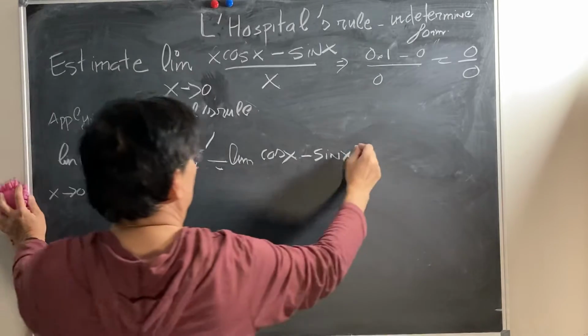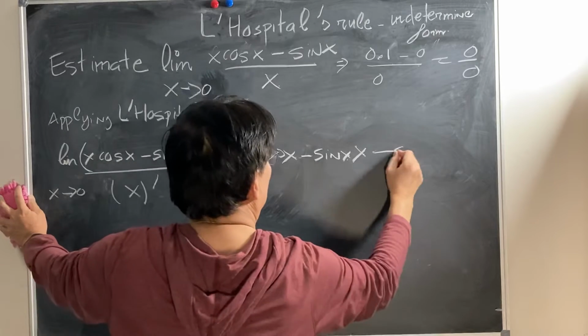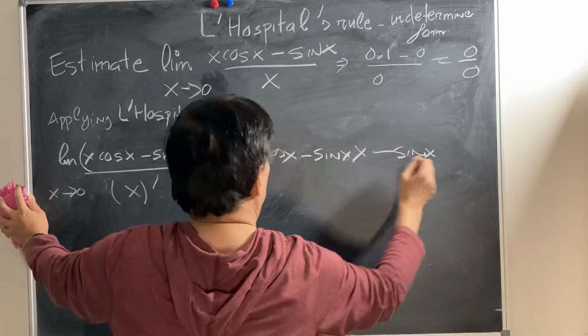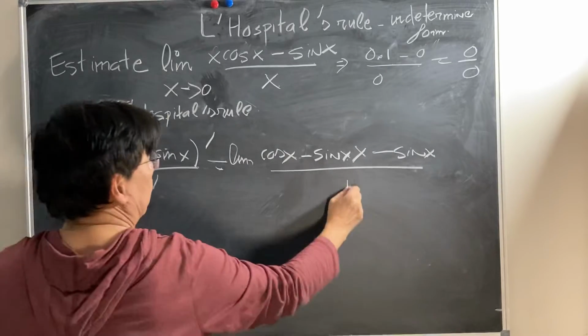And then minus sine x. The derivative of x equals 1.